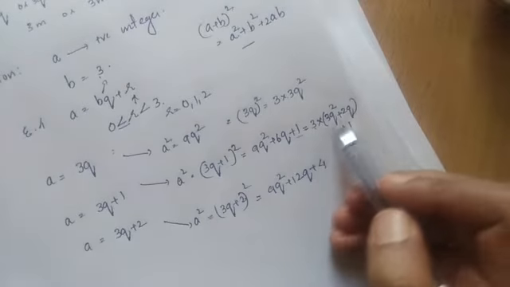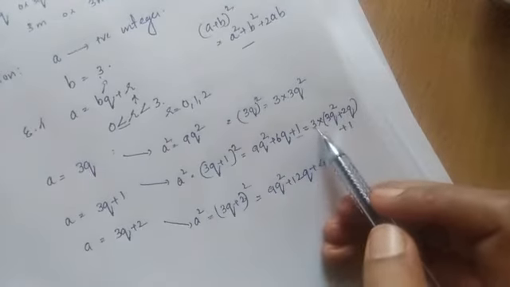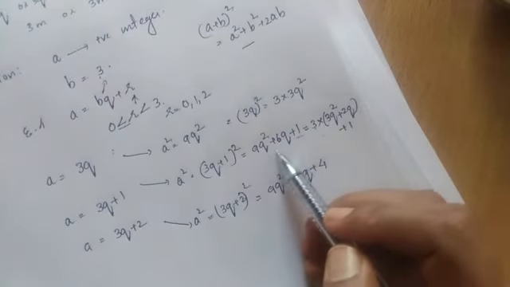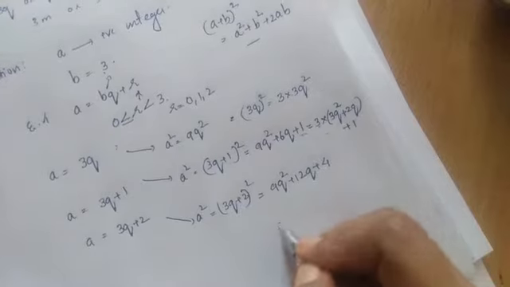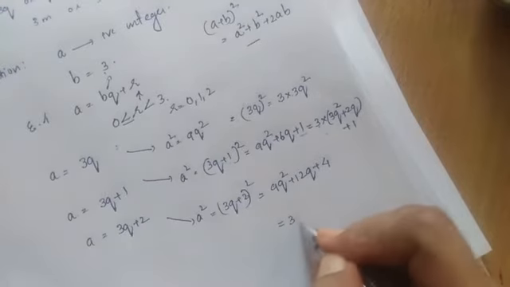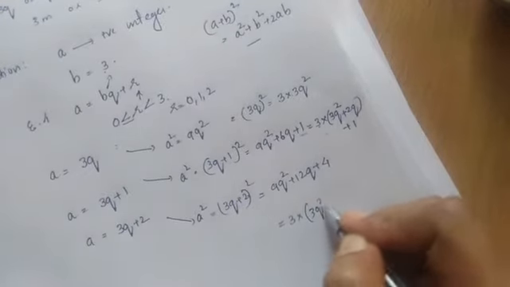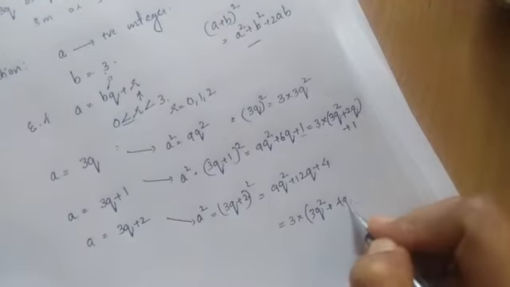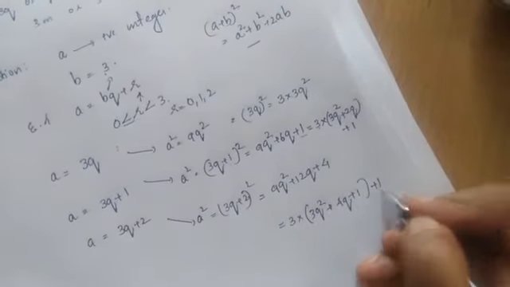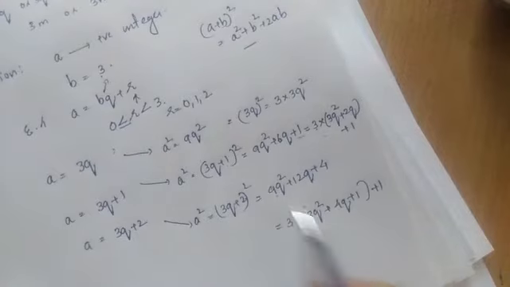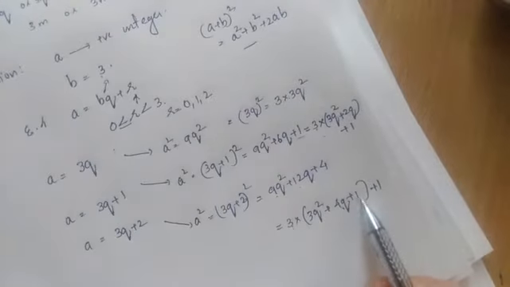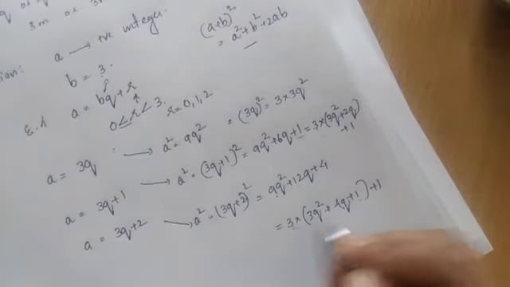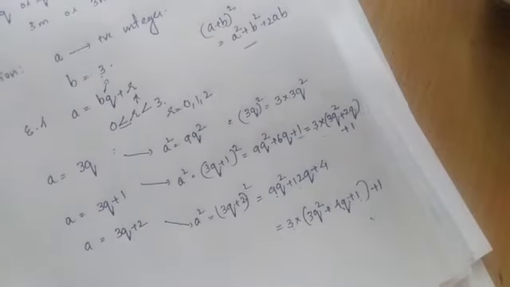Another expression we can rewrite as 3 into 3q square plus 4q plus 1 plus 1. From 9q square plus 12q plus 4, the 4 is 3 plus 1.